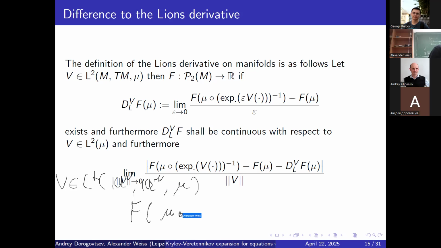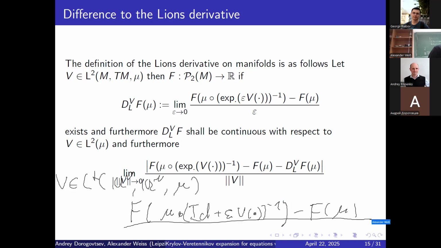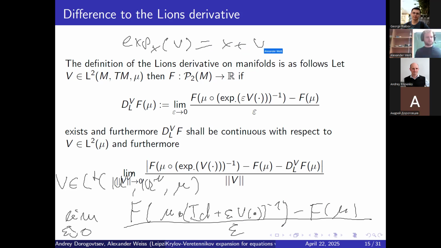Then this derivative here: we have the identity plus epsilon V, minus f of mu, divided by epsilon, limit epsilon to 0. Because on the Euclidean space, the exponential map is just x plus v. Does this answer your question?